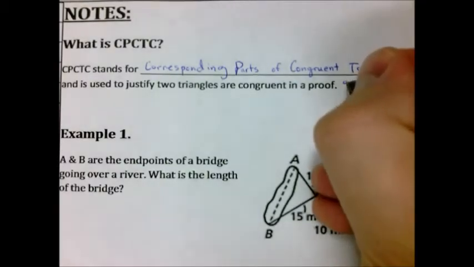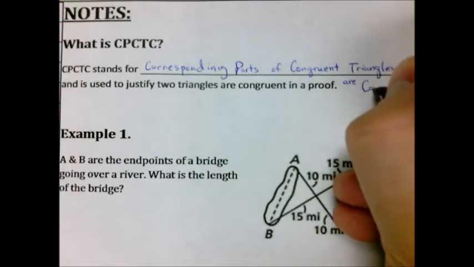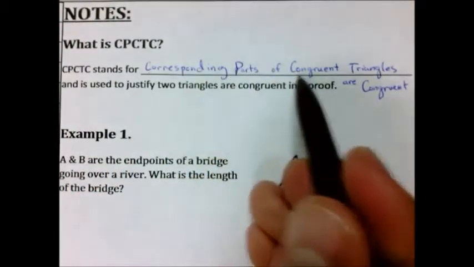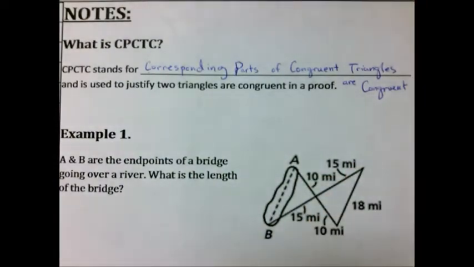CPCTC. Oh, that's crazy. They're smart. So corresponding parts of congruent triangles are congruent, and it is used to justify that two triangles are congruent in a proof.